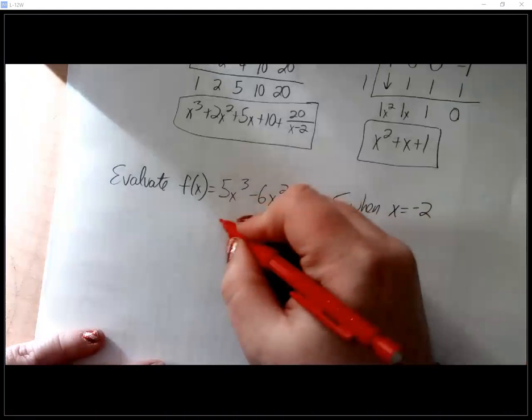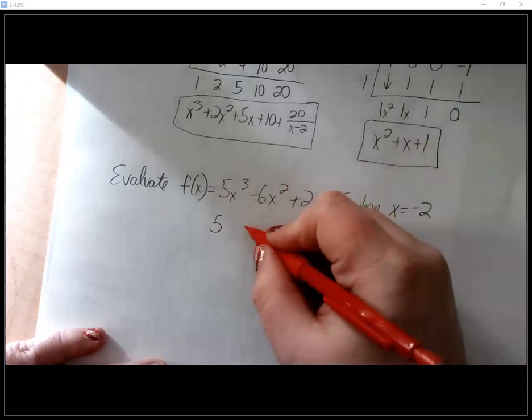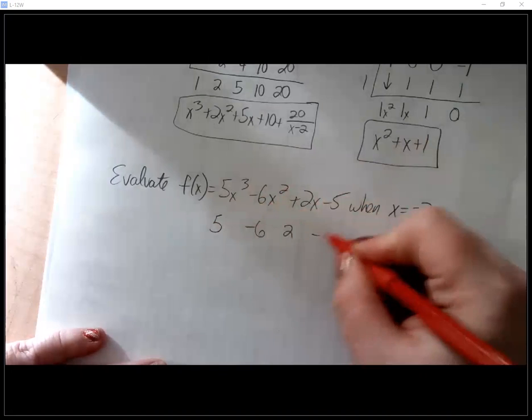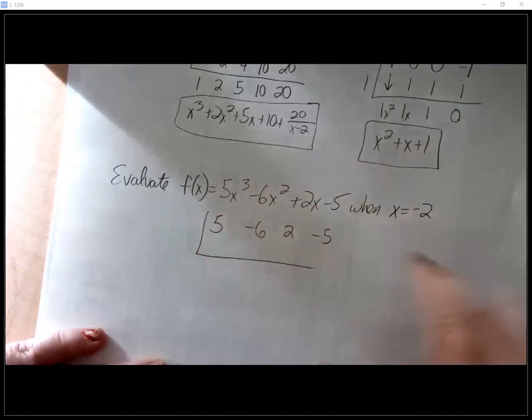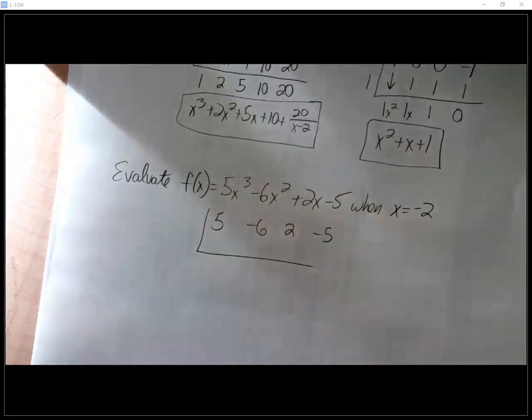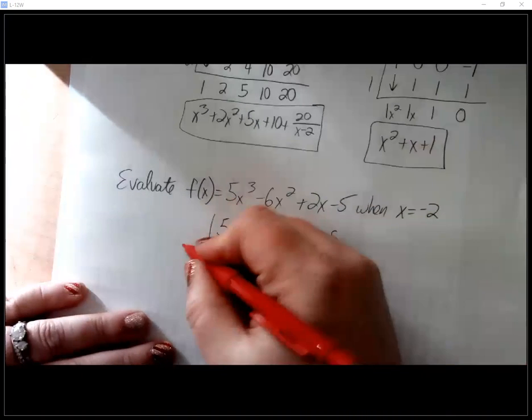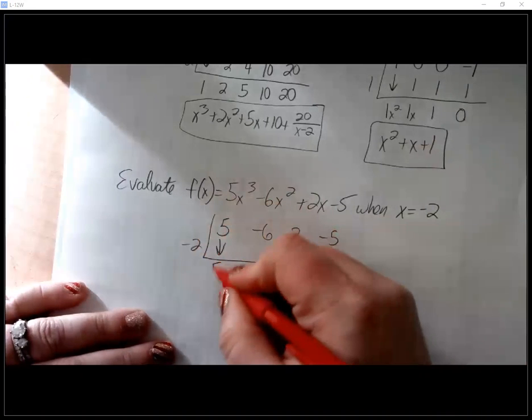Just drop down all your coefficients: 5, -6, 2, -5. You're going to drop in exactly what's there. This isn't a factor, this isn't a binomial here. They want to know, when x is -2, so let's pop in a -2, and whatever my remainder is, the answer.